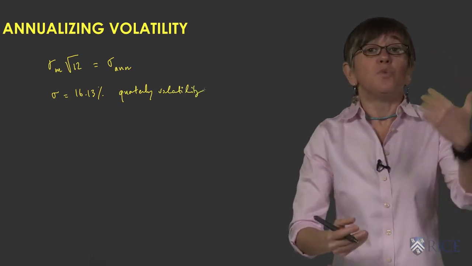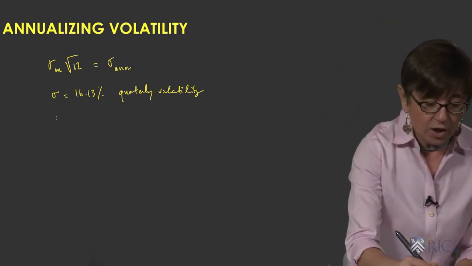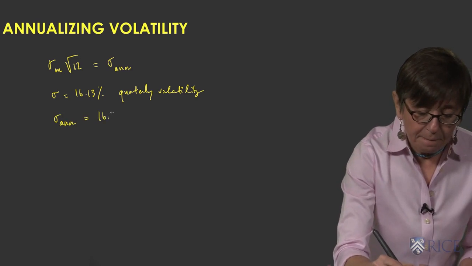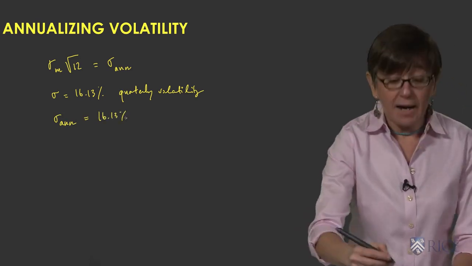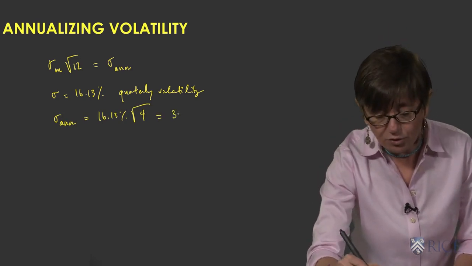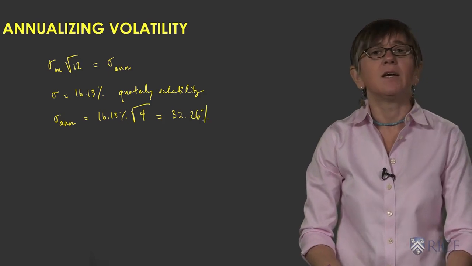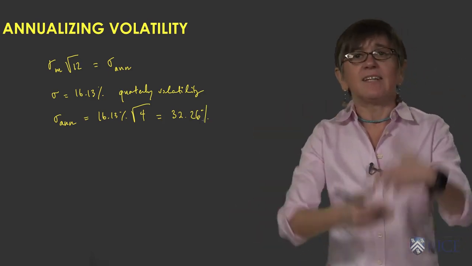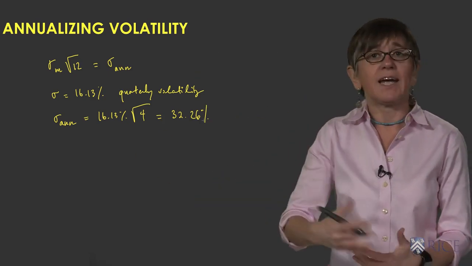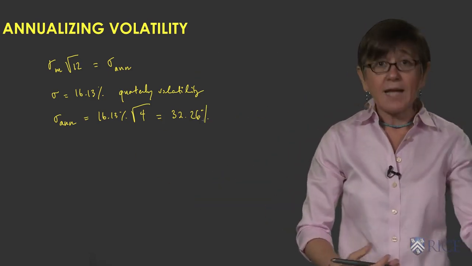In order to annualize this volatility, we need to multiply it by the square root of 4, which is going to give us 32.26%. If we have the daily volatility, then we would compute the annualized volatility by multiplying it by the square root of the number of days, weeks, etc.